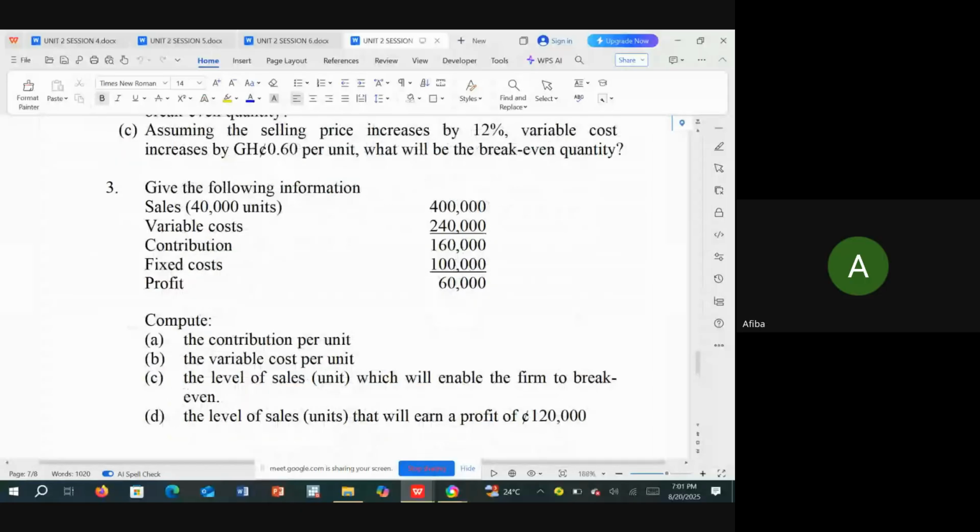You see that per the question, you have been given the variable cost and contribution. But before you can get the contribution per unit, it is the price minus the variable cost. Can't you get the price? If the units sold are 40,000 and the sales revenue is 400,000, what is the selling price?